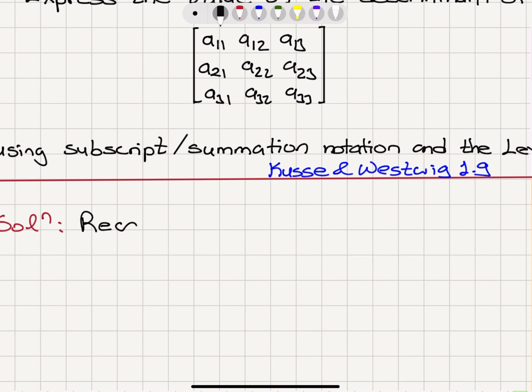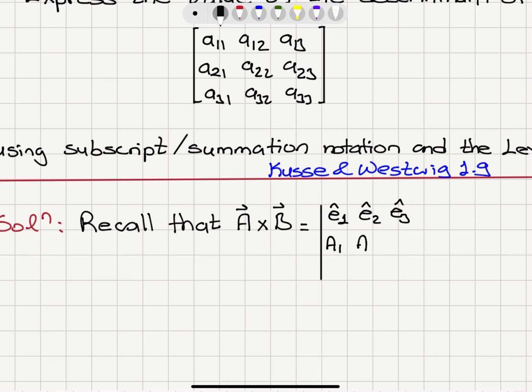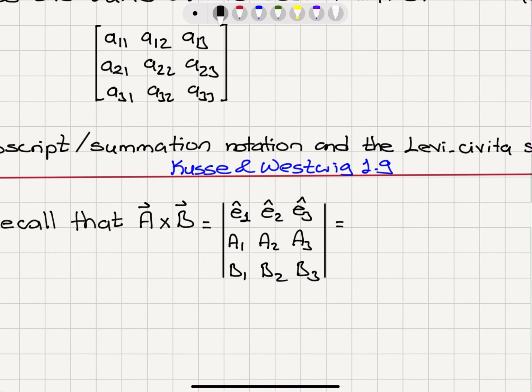So recall that if you take the cross product of a vector A with vector B, this is given by the determinant of E1 hat, E2 hat, E3 hat, A1, A2, A3, B1, B2, B3, which is written using subscript summation notation as AI, BJ, epsilon ijk, ek hat.